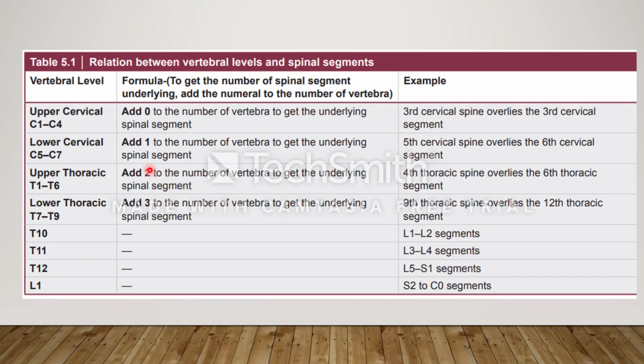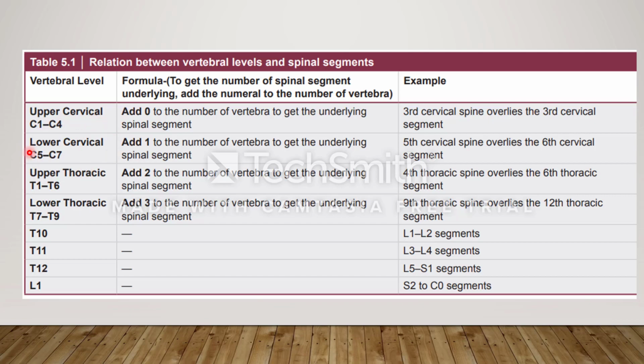This is a chart in which you can learn the relation between the vertebral level and the spinal segments. See here, this is the vertebral level. For example, at C1 to C4, the same spinal nerve will be present. For example, C3 overlies the third cervical segment. Okay, or the C3 spinal nerve will overlie the third cervical segment.